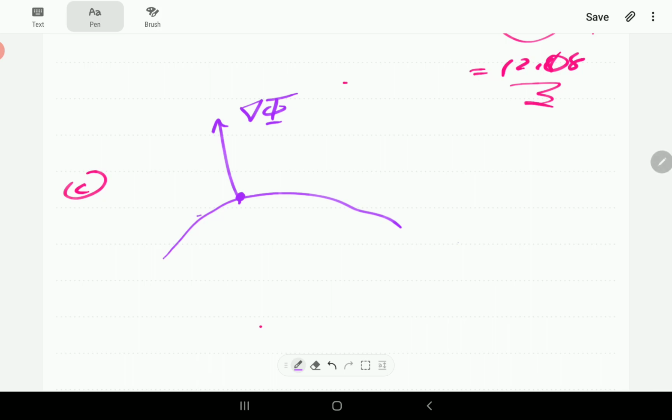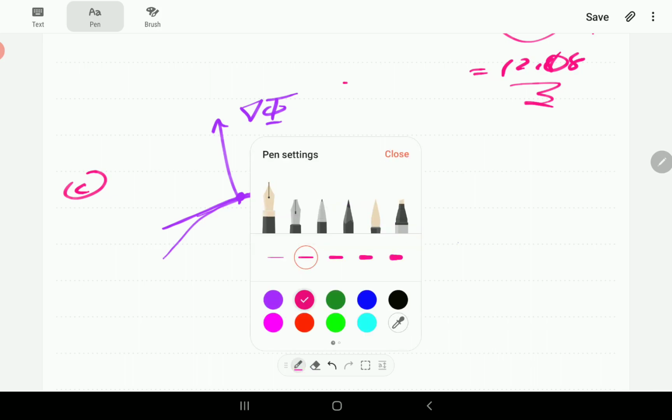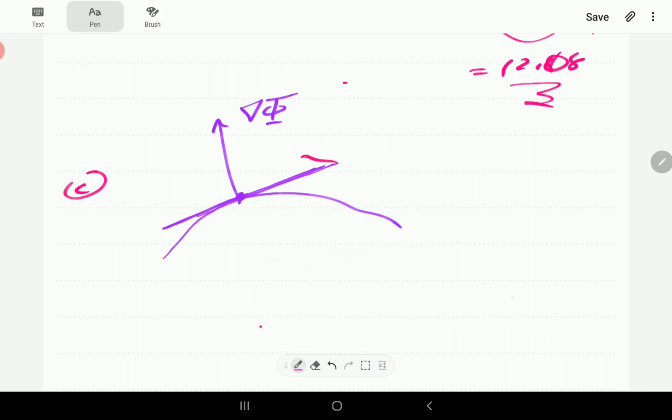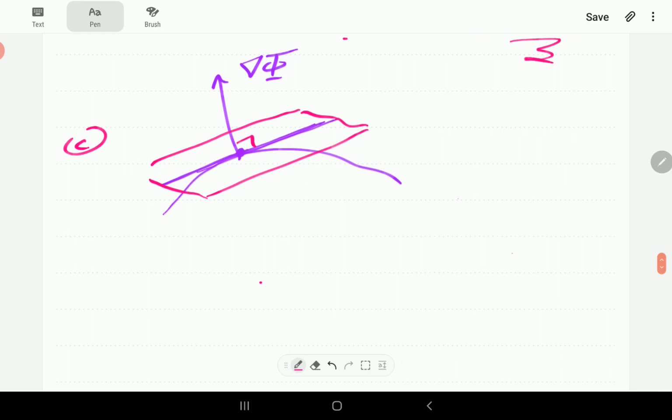So that means if this is our tangential plane, then the gradient vector is going to be a normal vector to the tangential plane. Okay, our point is 2, negative 1, 1.